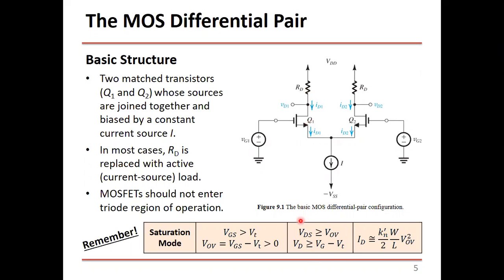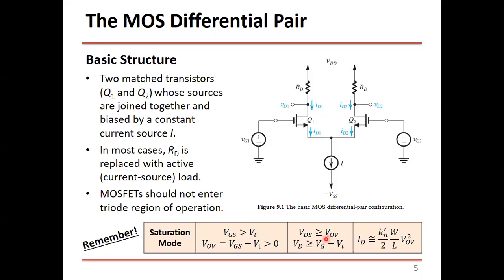The second condition: this is not the only condition, this is just the condition to turn on the transistor. But is it in the triode region or in the saturation region? To ensure that this transistor is in the saturation region, you have to satisfy this second condition, that VDS, this is VDS, should be greater than the overdrive voltage. So VGS should be greater than V threshold, and VDS should be greater than the overdrive voltage.